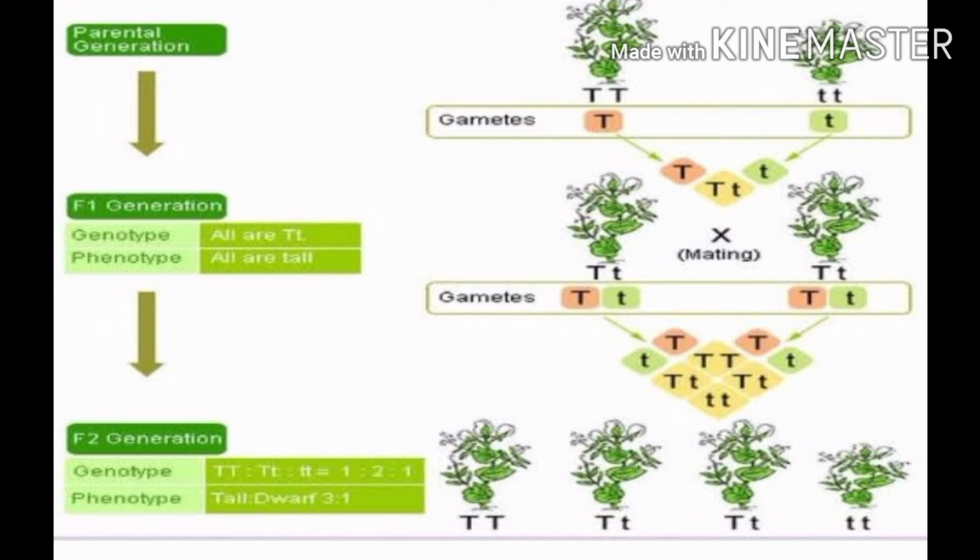So we can say that in the F1 generation, two copies of the trait are inherited. Here, capital T small t are phenotypically tall plants, and for a plant to be tall, a single copy of T is also enough. Therefore, in this capital T small t, capital T is the dominant trait while small t is the recessive trait. This is known as the law of segregation.